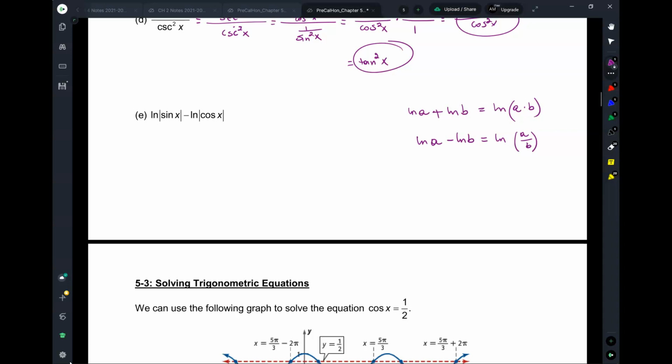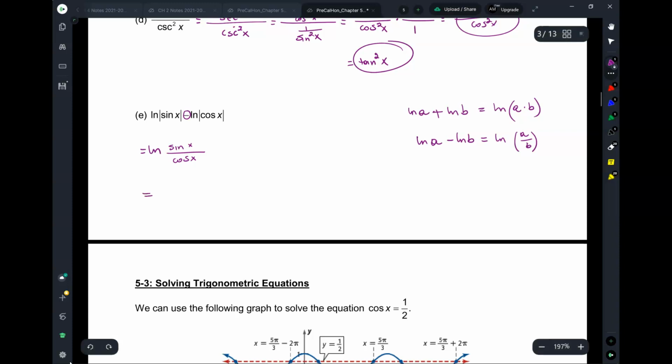So here I have ln of sine x minus ln of cosine x. Well, because there is a minus in front of the ln's, we divide the stuff inside the ln's. So I get sine x over cosine x. Okay?